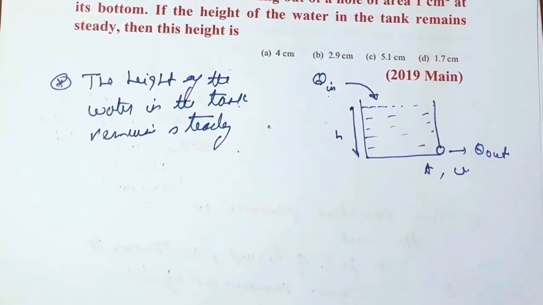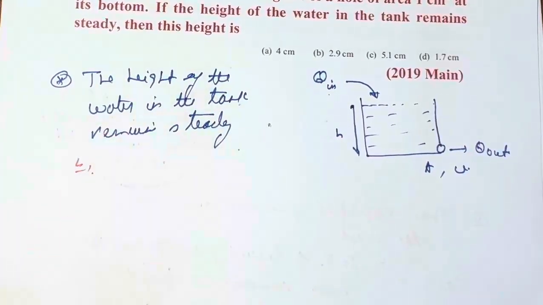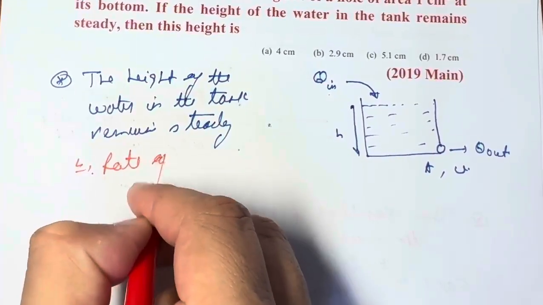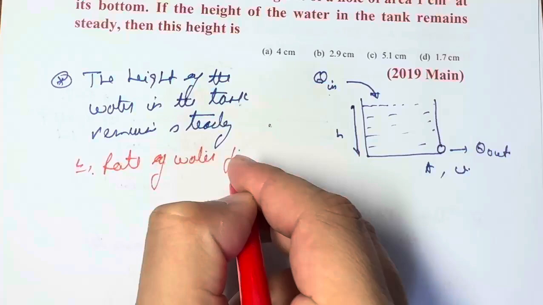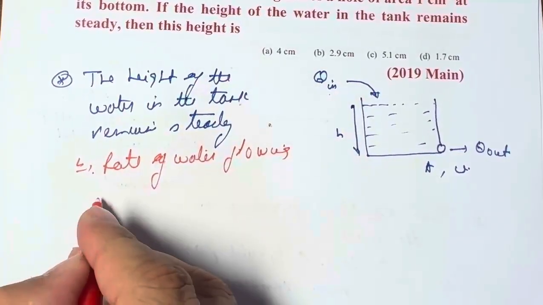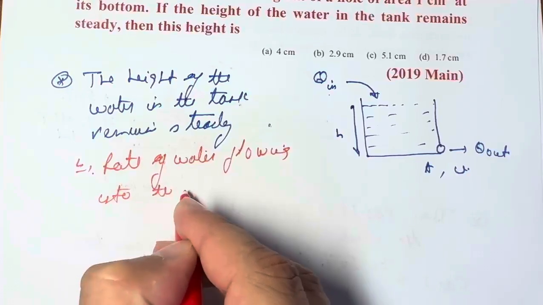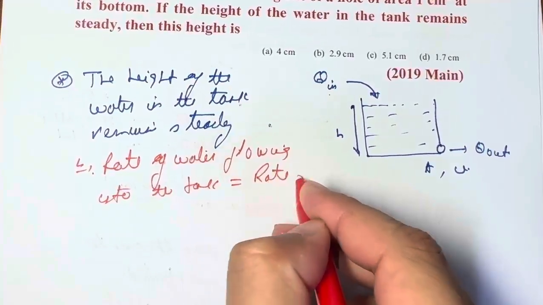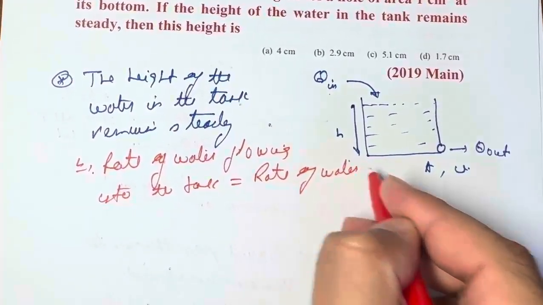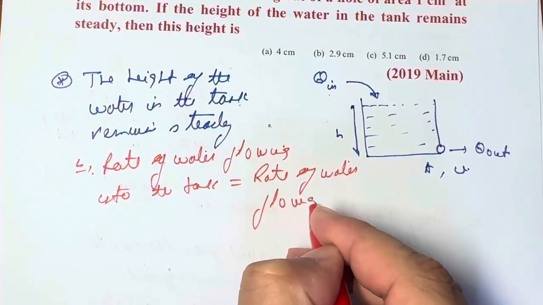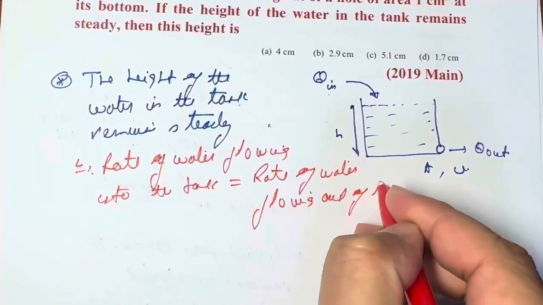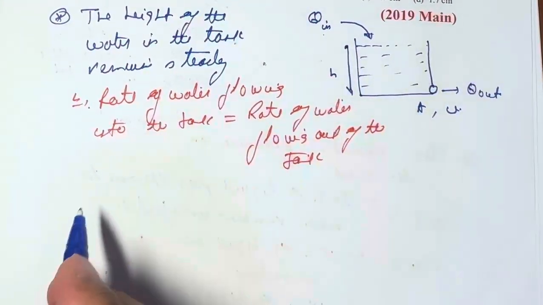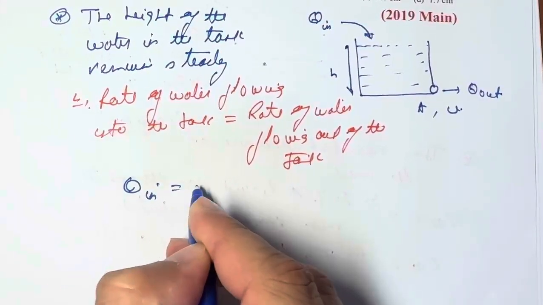So therefore, we can say that the rate of water flowing into the tank is equal to the rate of water flowing out of the tank. Or we can write it in terms of q, that is q in is equal to q out.